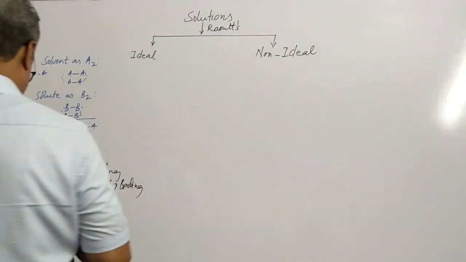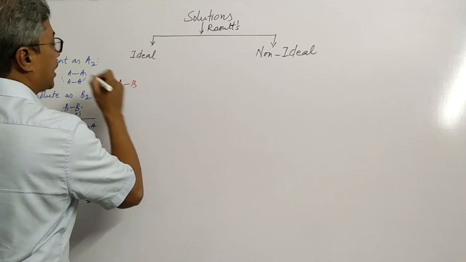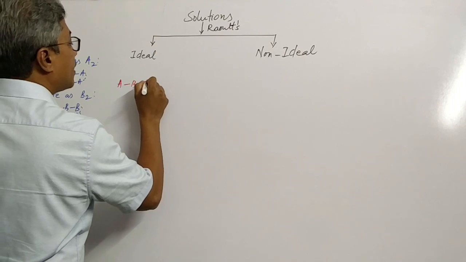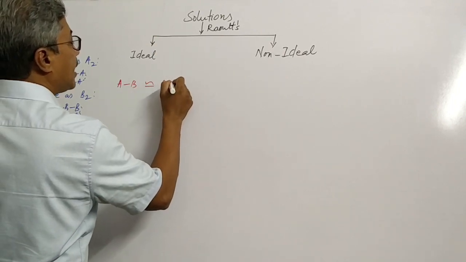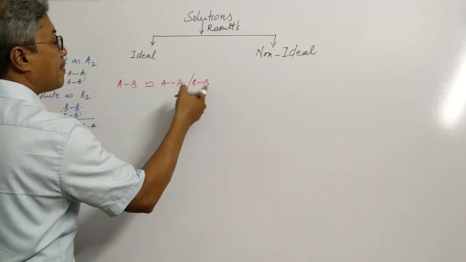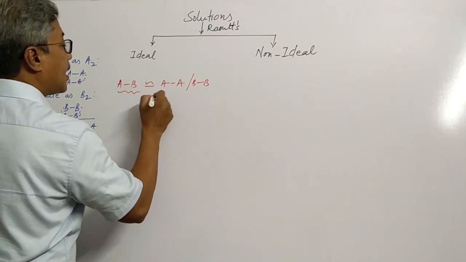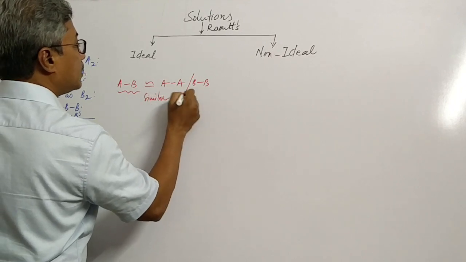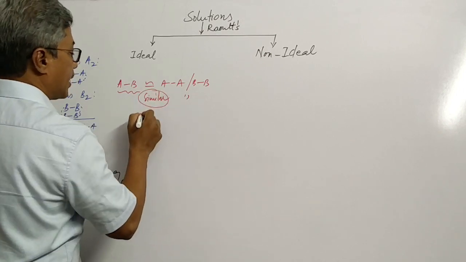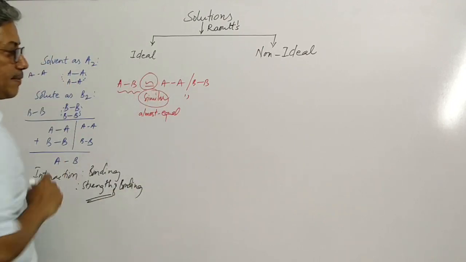I would like to represent that in this manner. See here, students. AB interaction is very nearly equal to either AA interaction or BB interaction, or AA and BB interactions are similar to AB interaction. This similar is taken as almost equal.